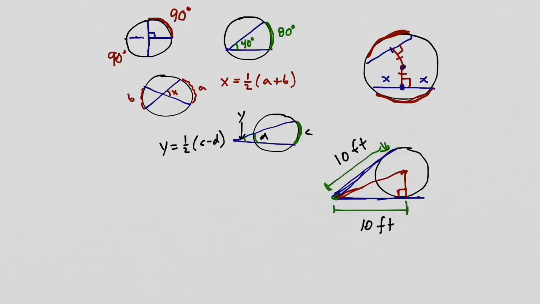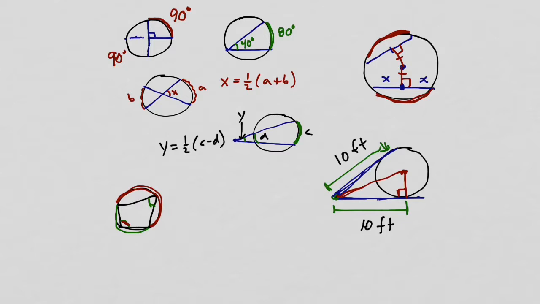Now let's look quickly at a couple of extensions that could come up in some problems you might see. First, if we have an inscribed quadrilateral, notice that this angle and this angle are both inscribed angles, and the first one relates to this arc, and the second angle relates to this arc, which makes up the whole circle.